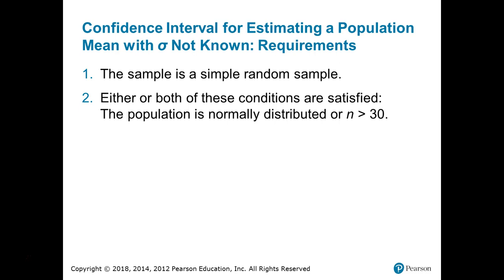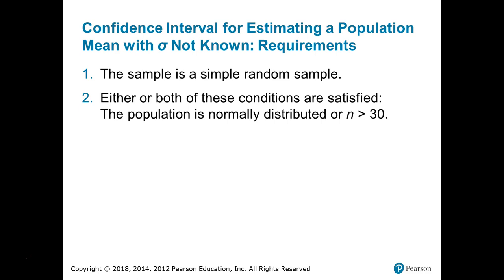So, some requirements. In order for this method to be valid, you have to meet two requirements. One, the sample is a simple random sample, talking about biases and getting good quality data. It needs to be simple, random.